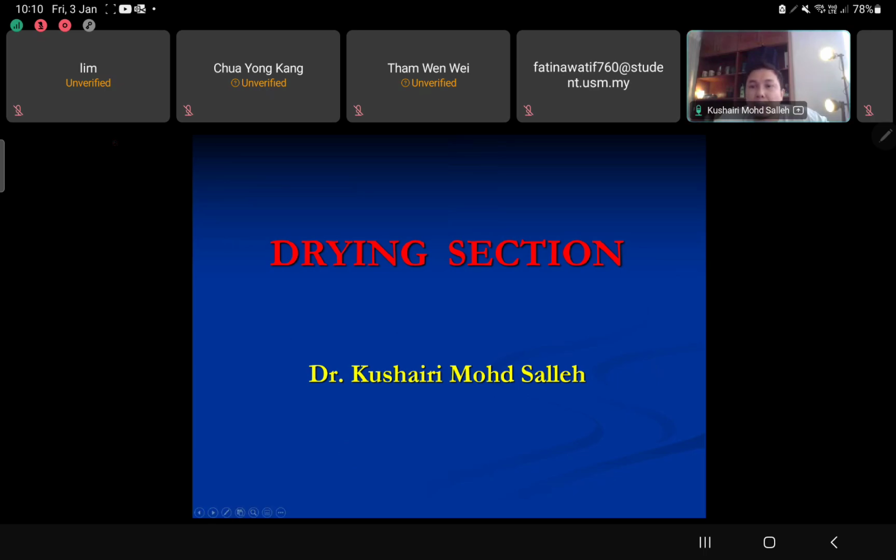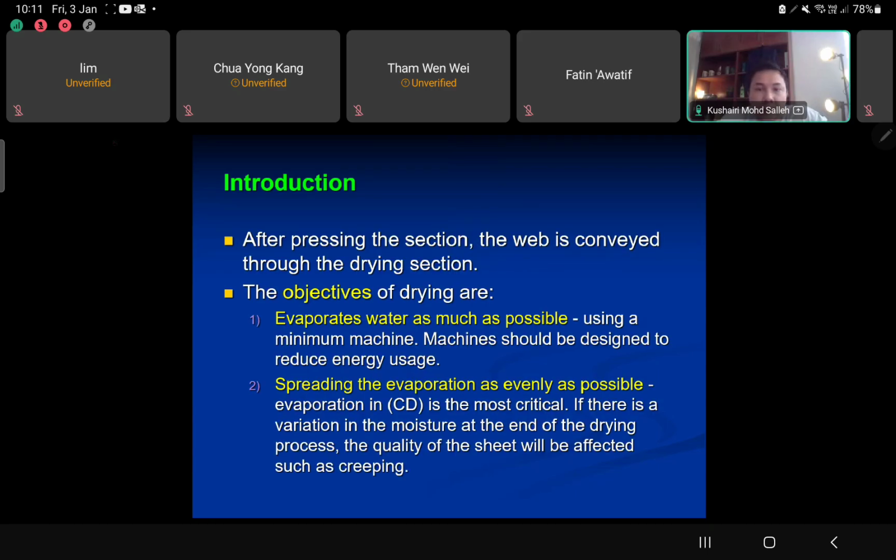Before we move the paper web or sheet to the drying section, we must remove the water as much as possible by mechanical action. That's why we have the pressing section and also the forming section. After we remove the water as much as possible, the drying section is the last stage for you to remove the water. Not the calendaring, not the reeling, not the finishing.